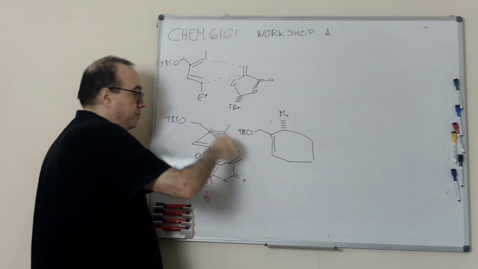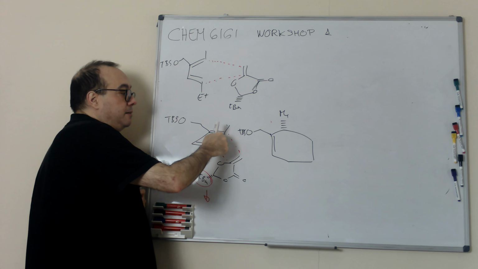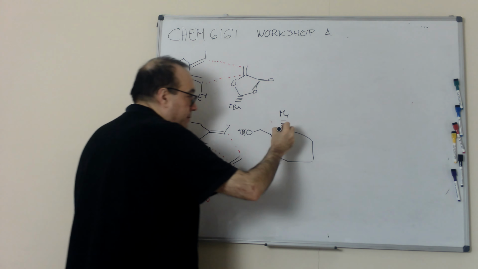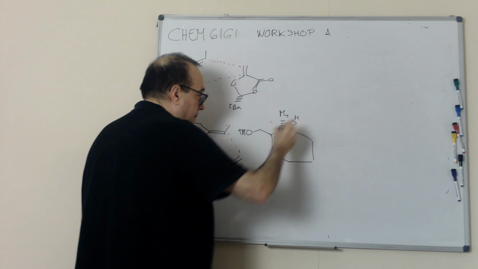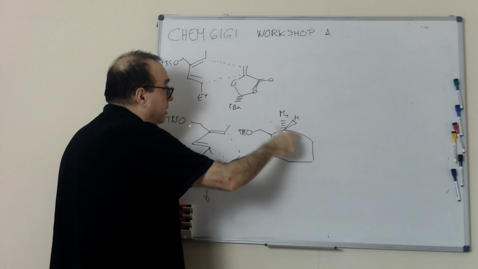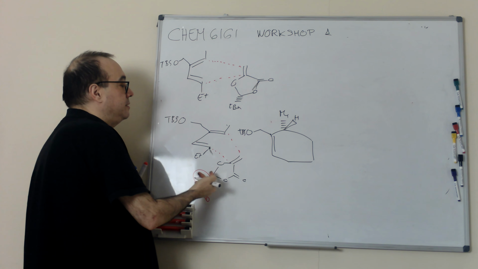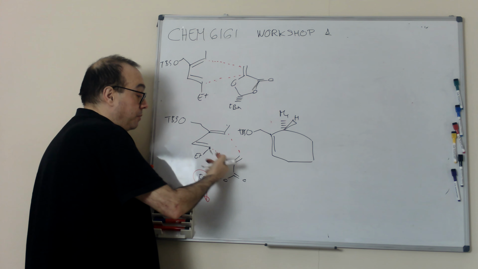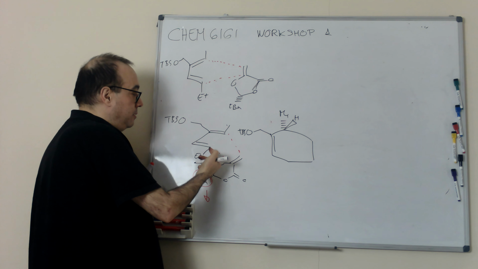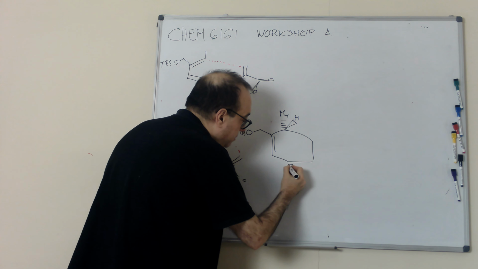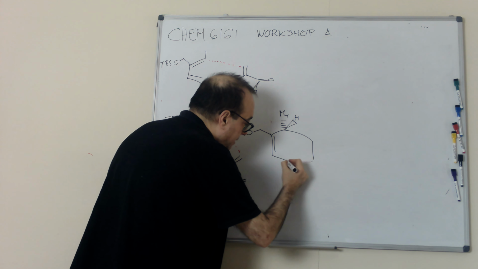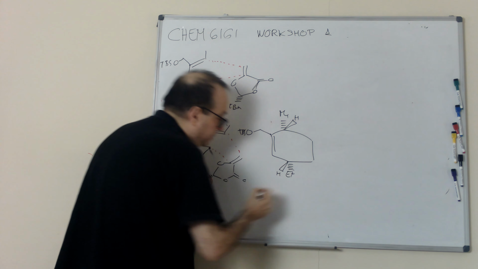We are forming this bond from the bottom face, metal down, hydrogen up. Okay, here we don't care because we don't have any substituent, and then here, if this is forming the bond from the bottom, what we have is the ethyl going down and the hydrogen going up.